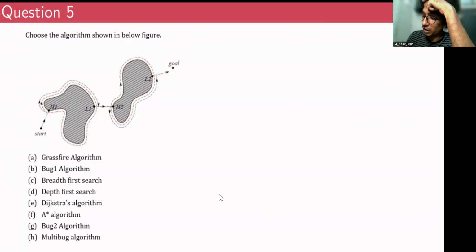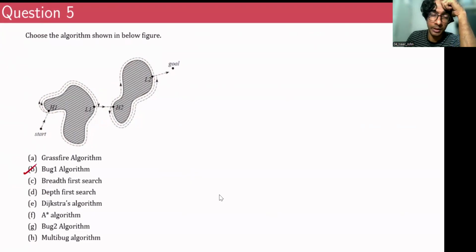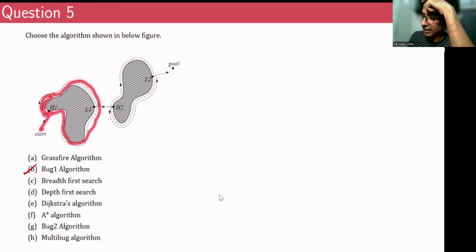So this is the philosophy of the Bug 1 algorithm, where the robot first encircles the obstacle, and then on the second pass it breaks away from the obstacle in such a way that the distance to the next obstacle is minimum.